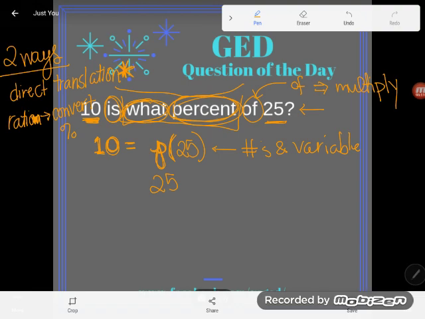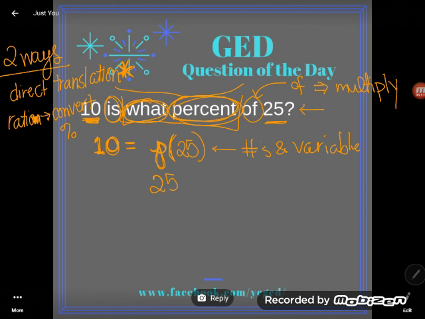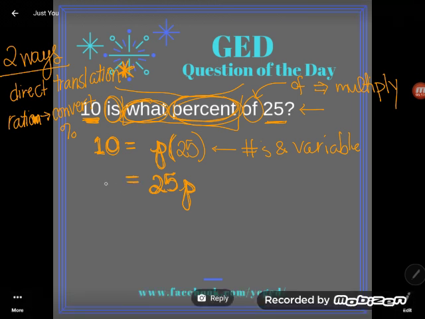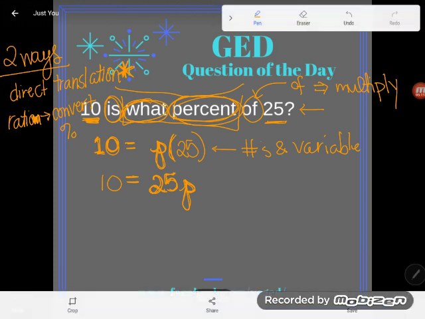I just screwed it up. We just write the number first. That'll be the coefficient. So I'll write the 25 first. And then we write the variable, the letter, second. To say p times 25, I just say 25p. And of course, that's equal to 10. And now what I've done here is I've translated this directly into an algebraic equation.